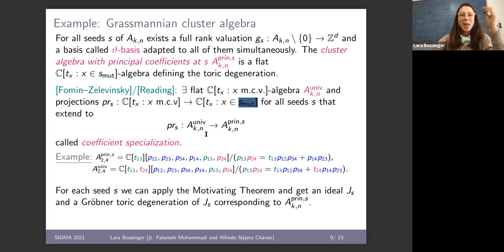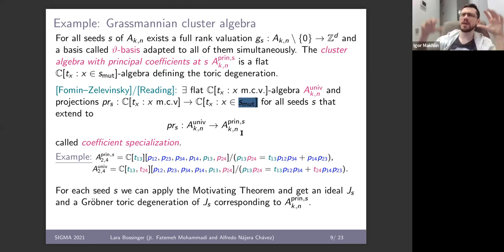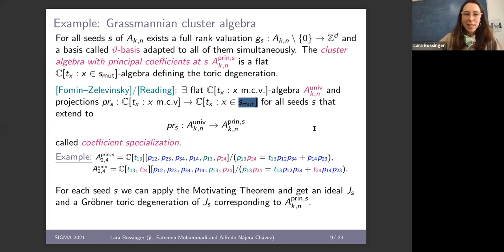Everything is really nice. In particular, we have finitely many seeds, where the situation is. So because capital N is like the number of all the seeds that may appear, and small n is the seeds that appear for a certain starting seed, right? Okay, so capital N is the number of all the mutable cluster variables that I find in my cluster algebra. It's a bit misleading because in the example of the A2 quiver, we have 5 cluster variables, but we also have 5 seeds. But in general, these are different numbers.